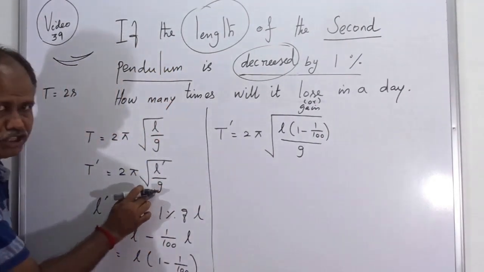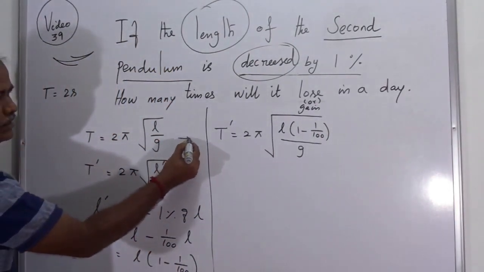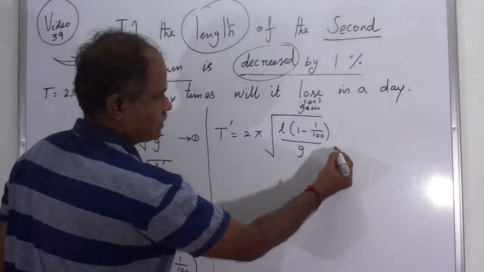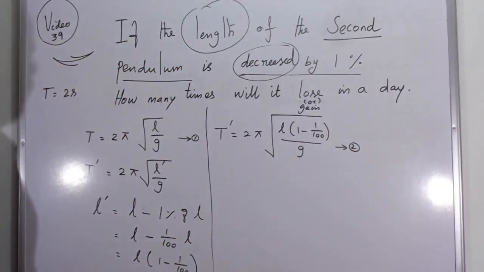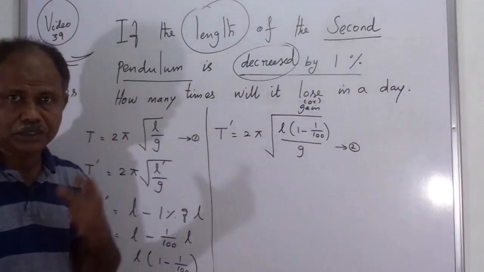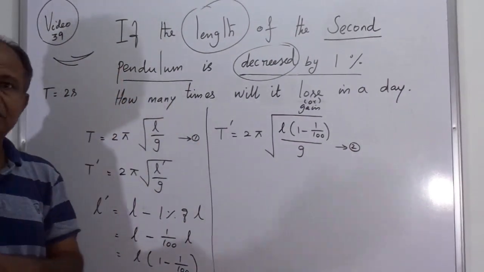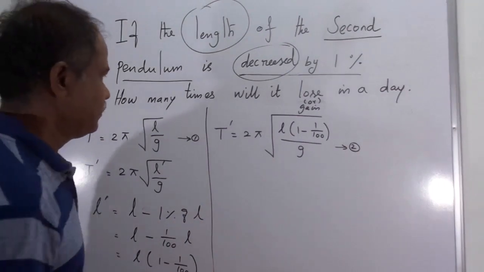There is no change in the other values. Let us call this equation number 2 and the earlier one equation number 1. We are going to find this first, and after that we can use the loss or gain formula.